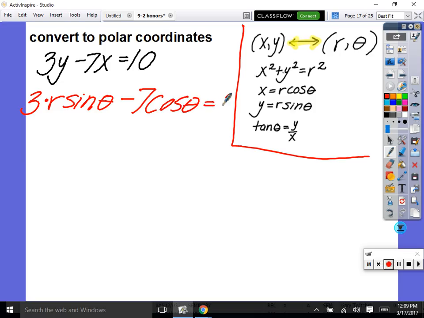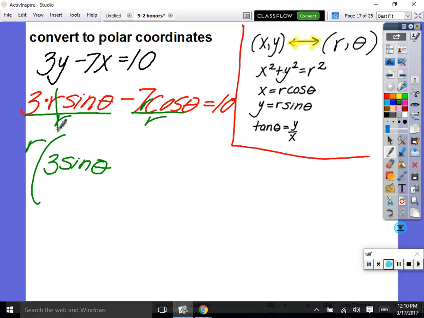Now you'd say to yourself, I want it to be r equals, just because that's nice and pretty, so what can I factor out? I forgot to write an r, didn't I? Good, factor out an r, so then divide by r. So then that would be 3 sine theta, because look, your r's divide out, minus 7 cosine theta equals 10.